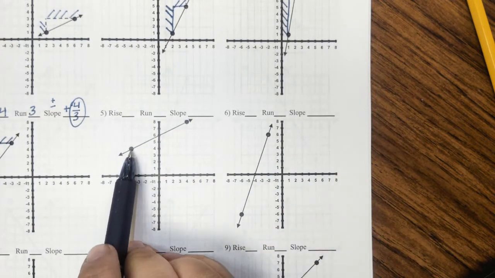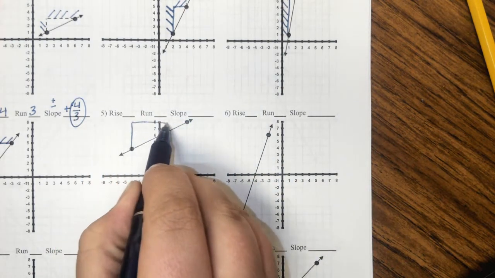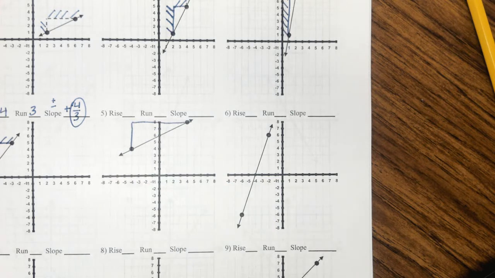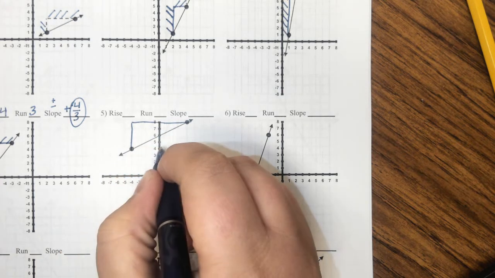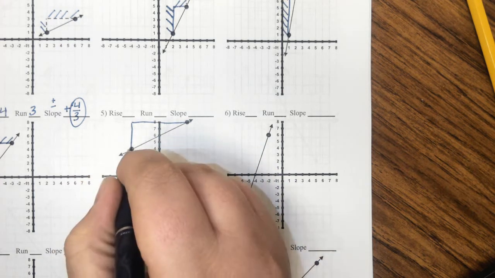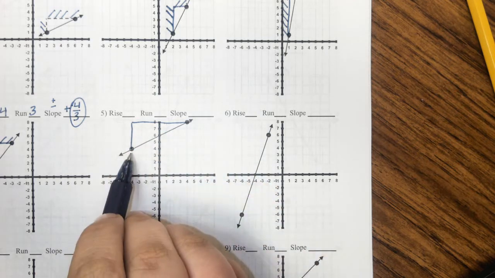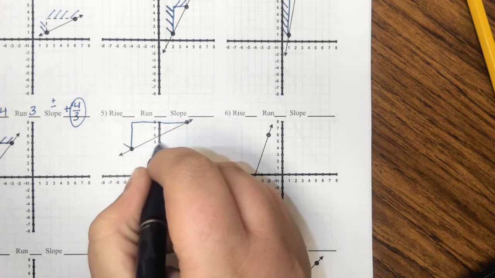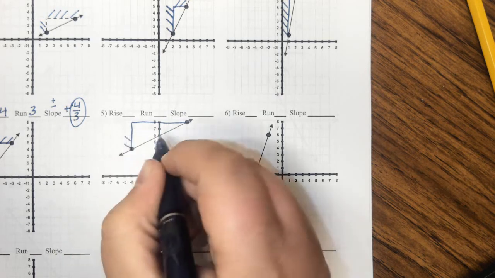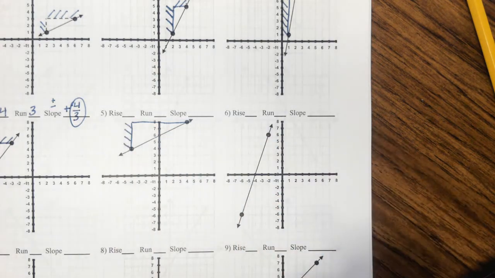Looking at graph number 5, draw a triangle between the 2 points. The rise is, it's really hard to see. 1, 2, 3, 4.